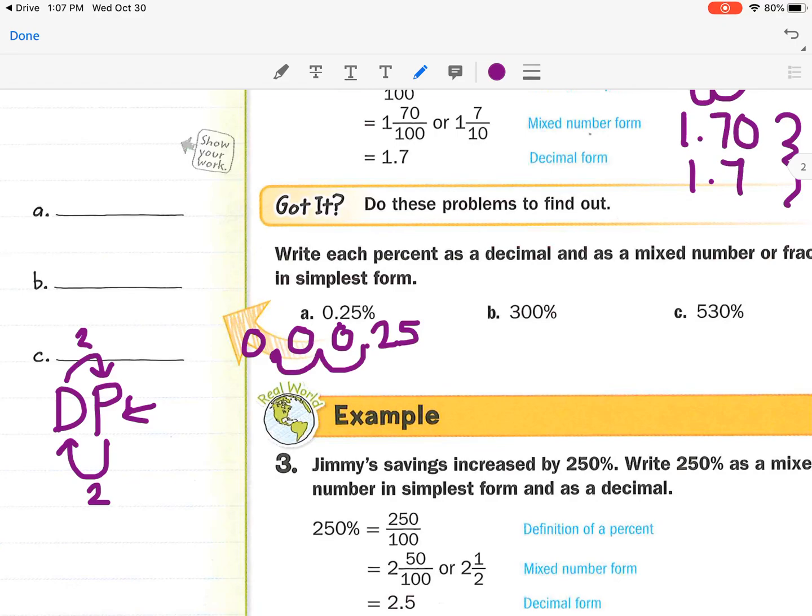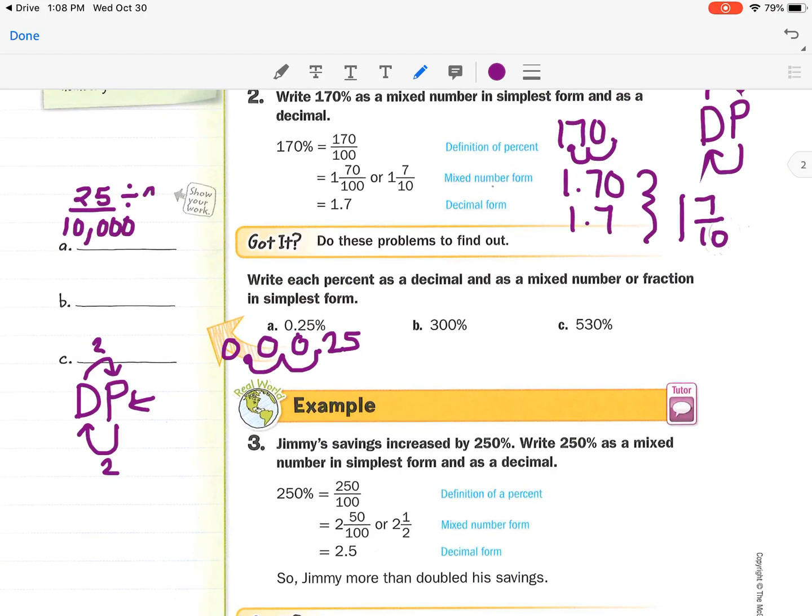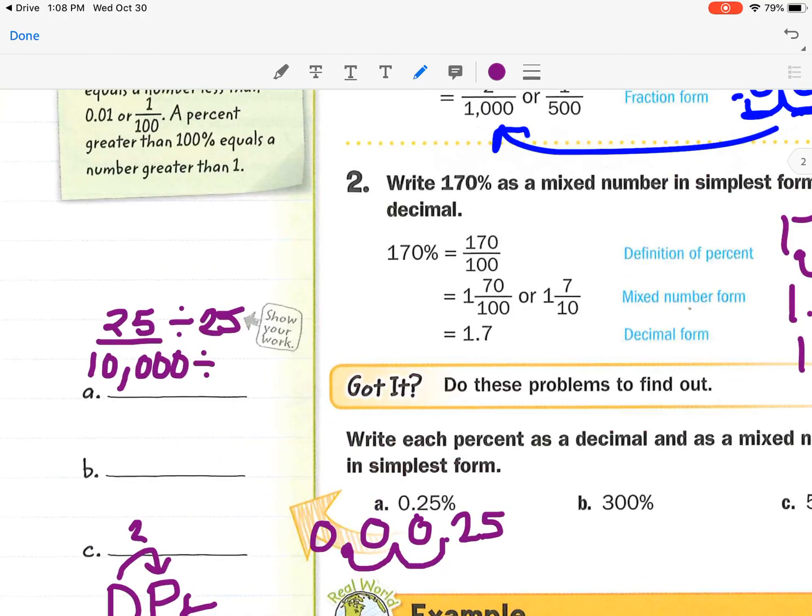So there's my decimal, 0 and 25/10,000ths, and now I'm going to write it as a fraction. 25/10,000ths, and I know that the greatest common factor of both of these is 25, which gives me 1/400. So 1/400th is the same as 0 and 25/10,000ths and 0.25%.